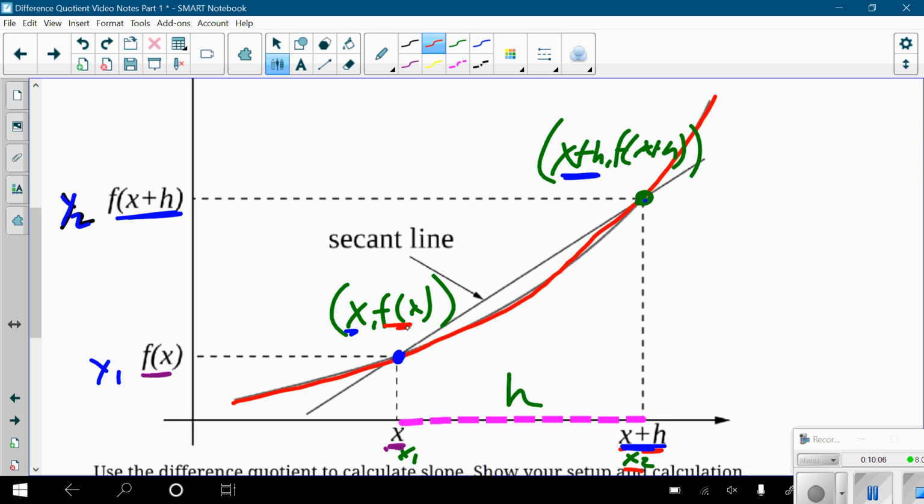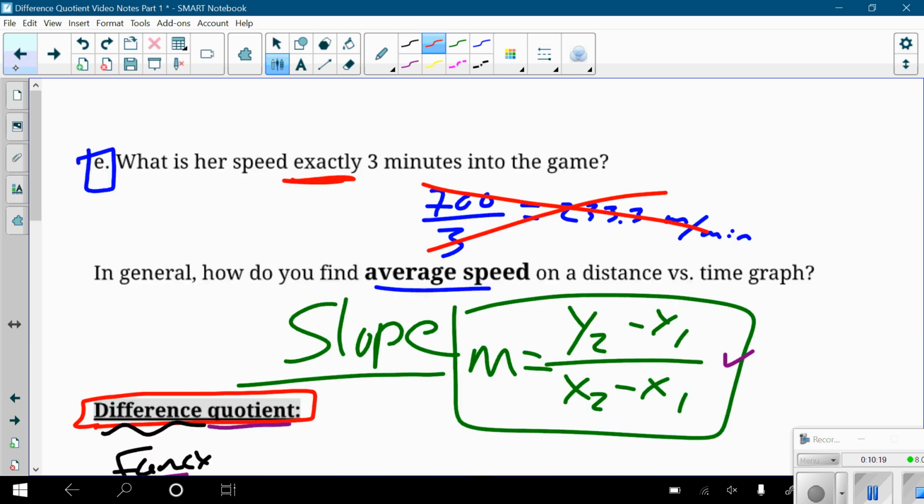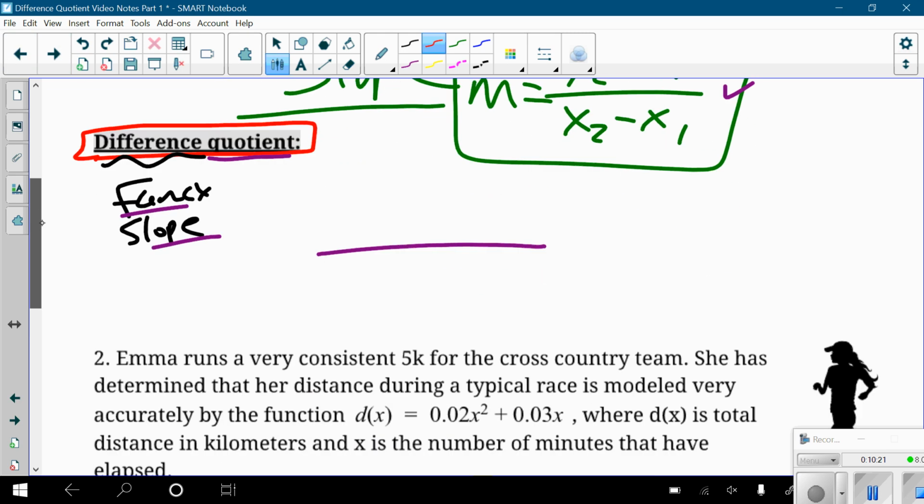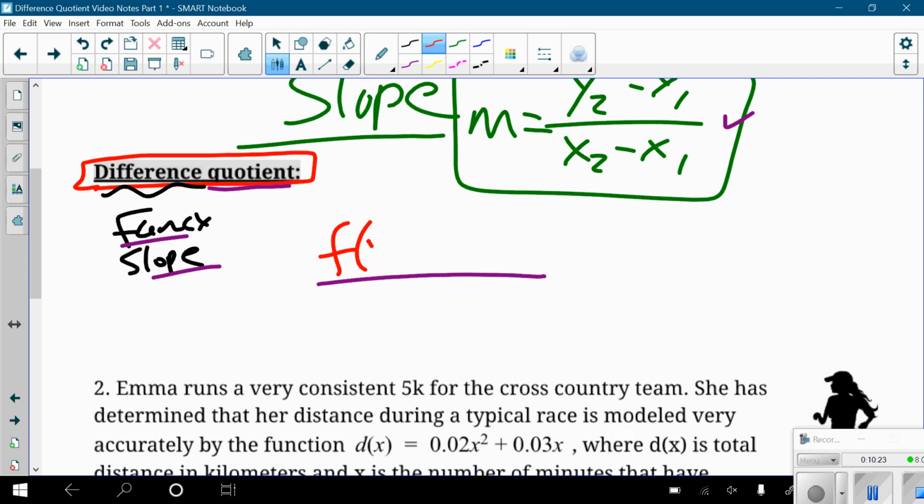How are you going to find the slope between those? You're going to do change in y over change in x. You're going to subtract the y's and divide by what you get when you subtract the x's. Jump back to our other sheet now. We're going to write that down: change in the y's, y2 minus y1, over change in the x's, x2 minus x1.